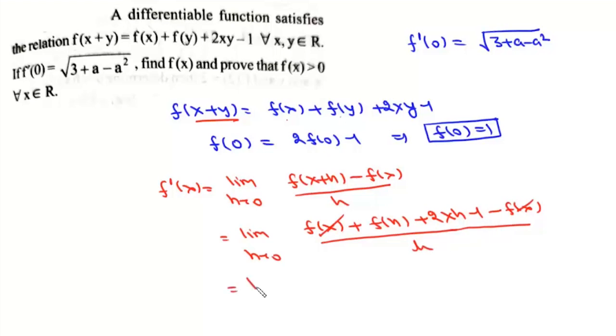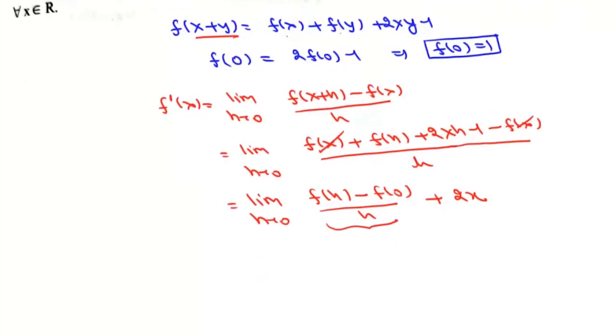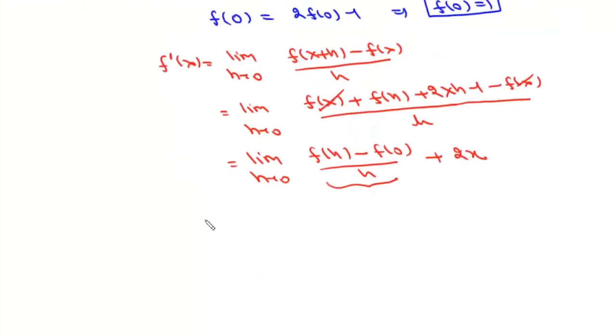Now we can rewrite this as limit h tends to 0, f(h) minus 1, we can write this one as f(0), upon h, and plus 2x. Now this is nothing but f'(0). So we can write this f'(x) as f'(0) + 2x.